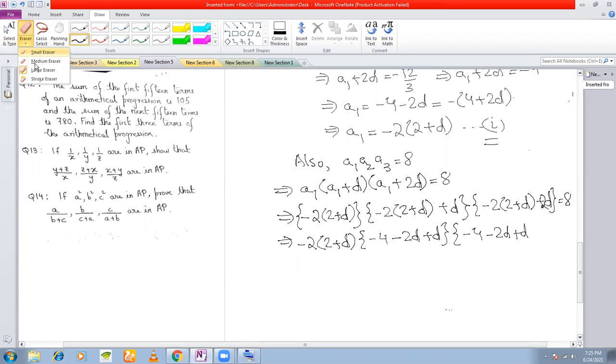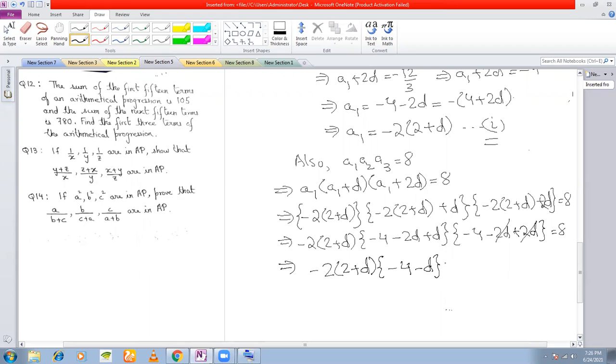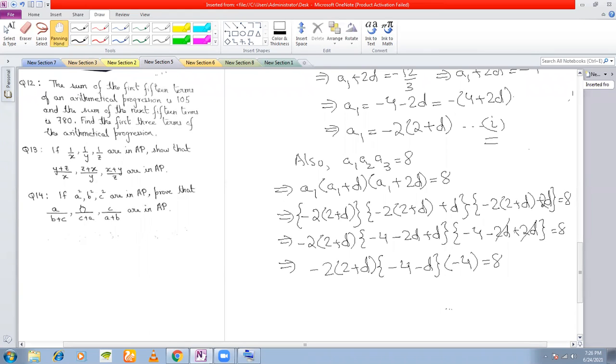So this must also be 2D. Yes, this must also be 2D is equal to 8. So now let's see what we are getting. Plus 2D minus 2D cancels here. So we get minus 2 into 2 plus D. And here we have minus 4 minus D. And here we simply have a minus 4 left. Fine, good enough.